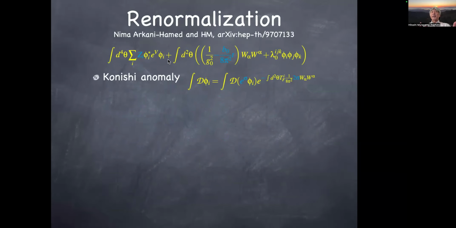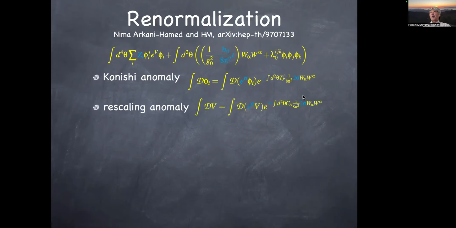And in supersymmetry, there are anomalies associated with changing the normalization of the fields. So if you change the normalization of the matter field, it turns out the path integral measure is anomalous and ends up giving a correction, which appears together with the gauge coupling constant.